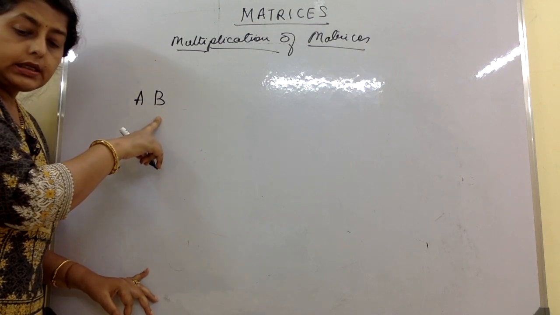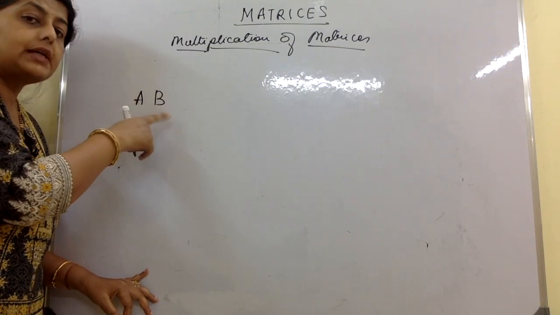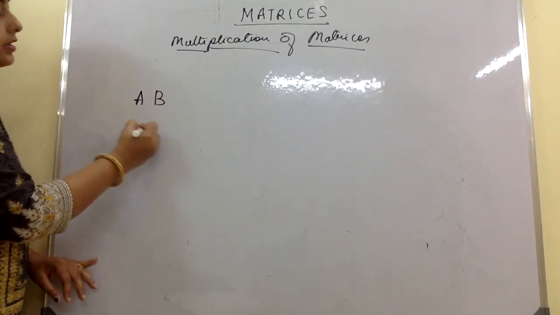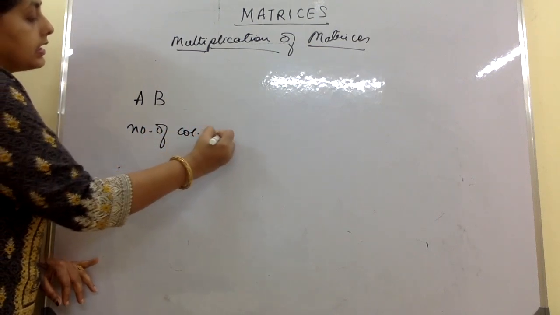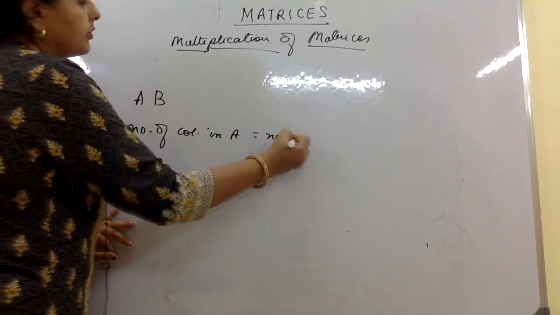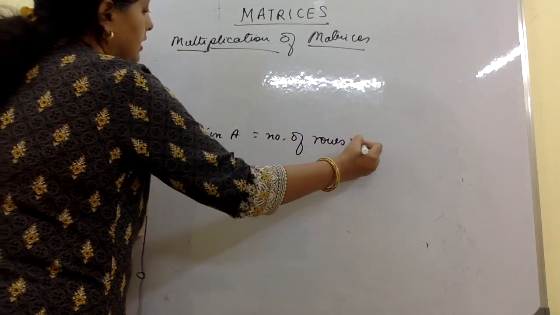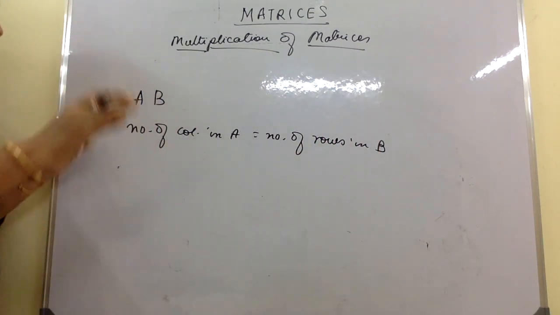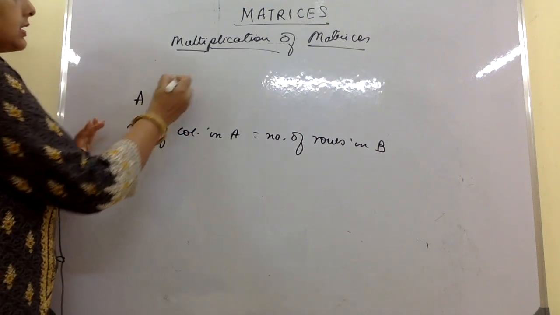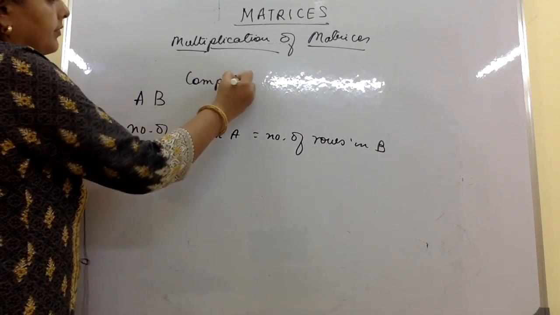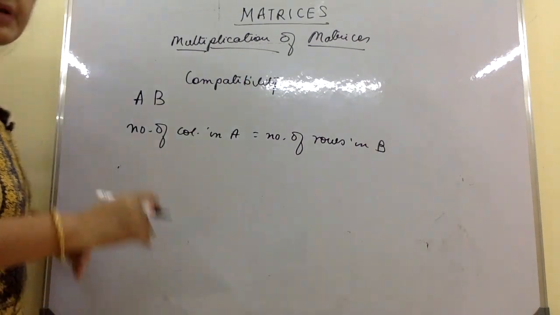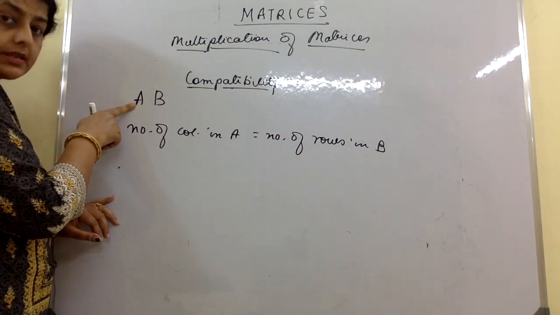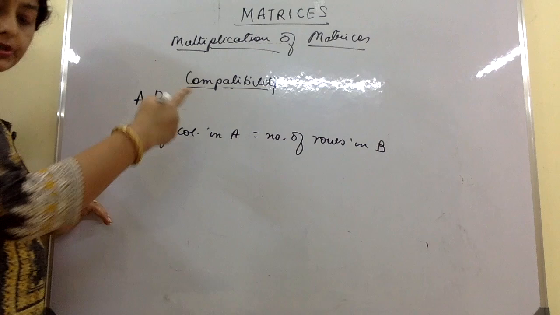Okay, then they are compatible for multiplication if and only if the number of columns in A is equal to the number of rows in B. Okay, then only you can multiply. So compatibility of two matrices for multiplication is that the number of columns in the first matrix, the left hand side, has to be equal to the number of rows in the second one.